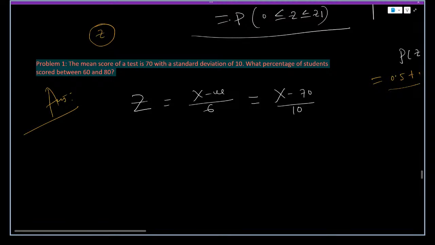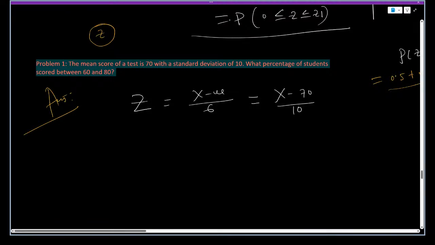They say students scored between 60 and 80. So Z1 < Z < Z2, you have to find.